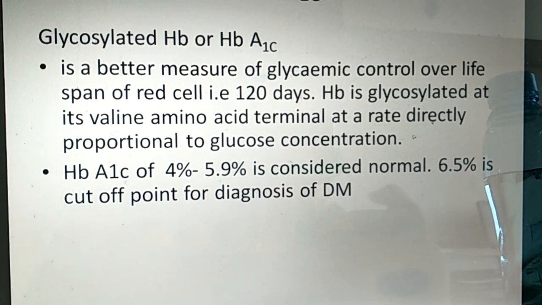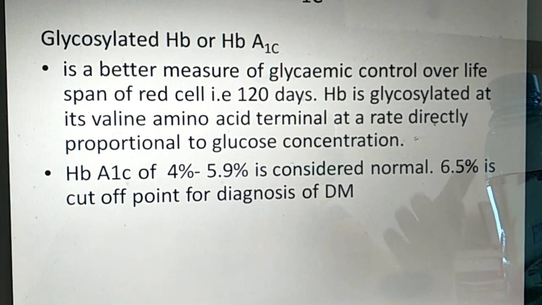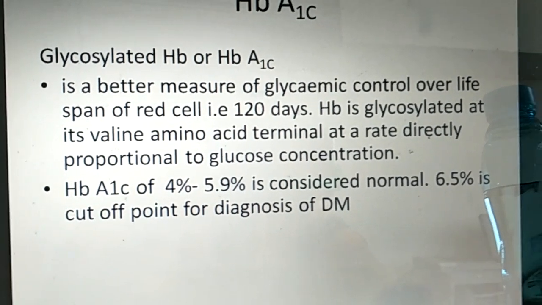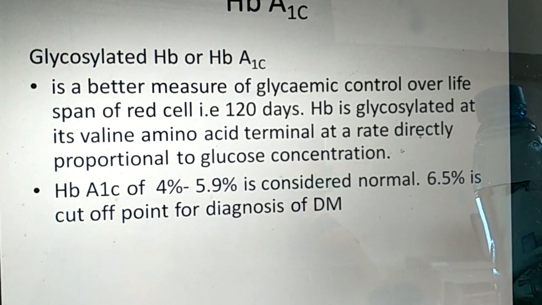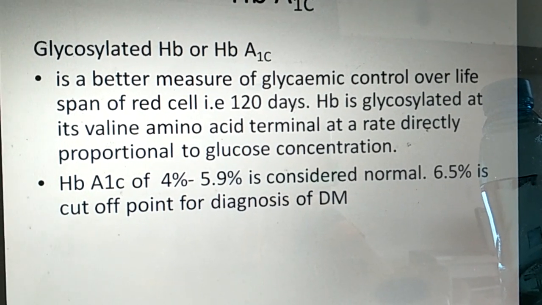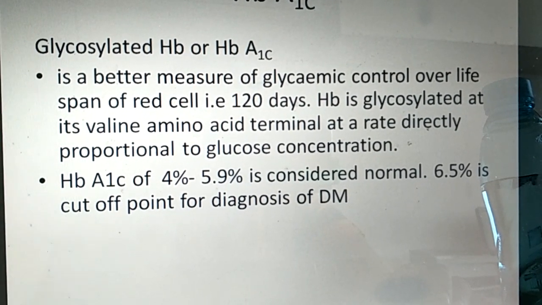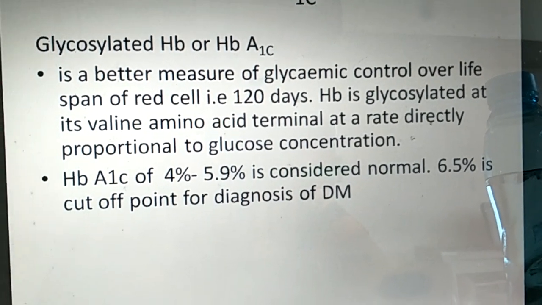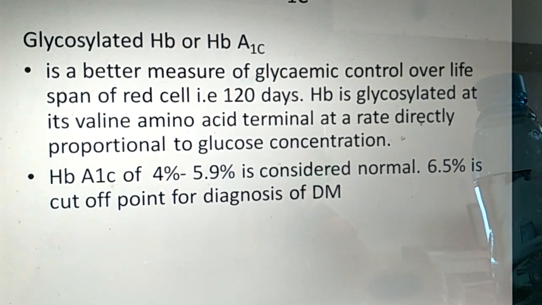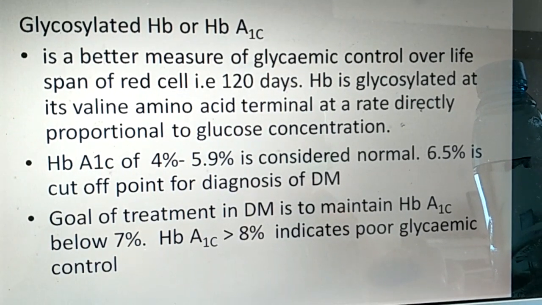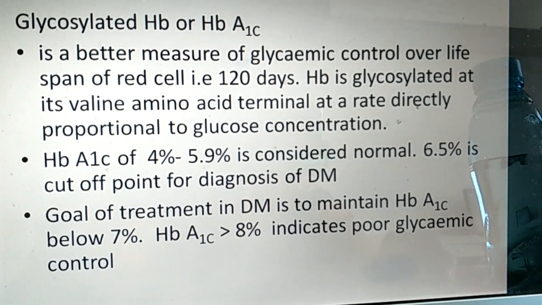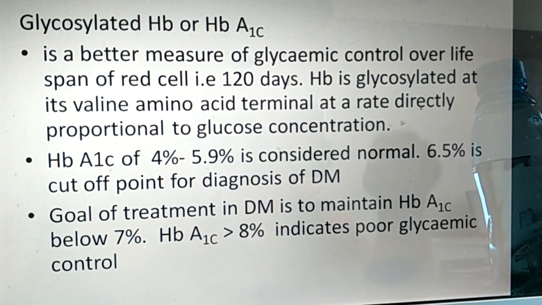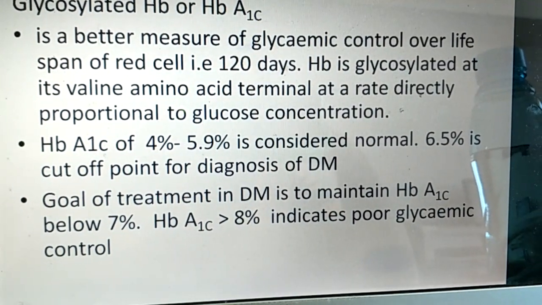There is variation in the levels, but for most of the labs 4 to 5.9% is considered within normal limits, and a value of 6.5% is the cutoff for diagnosis of diabetes. The main purpose of glycated hemoglobin is to check the glycemic control in diabetic patients.